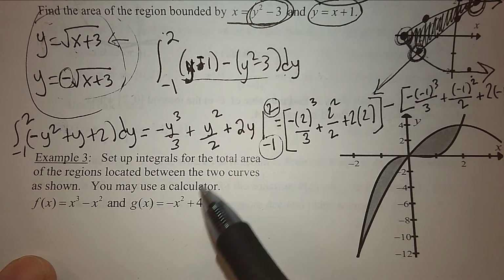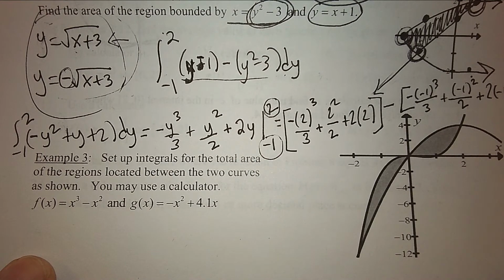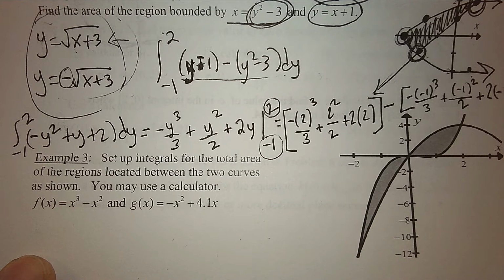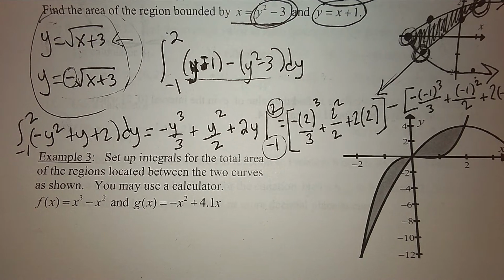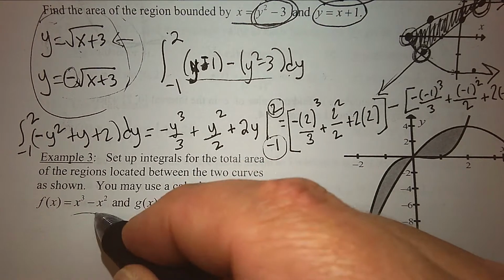It says, set up integrals for the total area of the regions located between the two curves, as shown. It says you may use a calculator to do it. So first of all, I still need to show the setup to understand this. The setup is to understand that we have two functions, so nothing sideways.